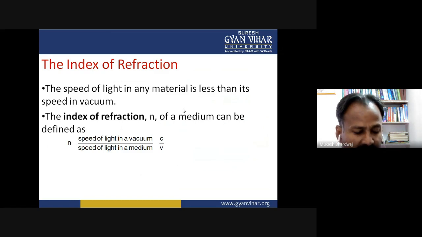That is, n equals c by v. The ratio of the sine of the angle of incidence to the sine of the angle of refraction is constant, whose value depends on the nature of the two mediums. If medium 1 is vacuum, then V1 equals c, and the index of refraction of the medium with respect to the vacuum is c by v.